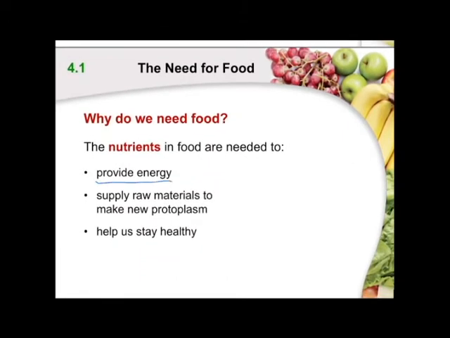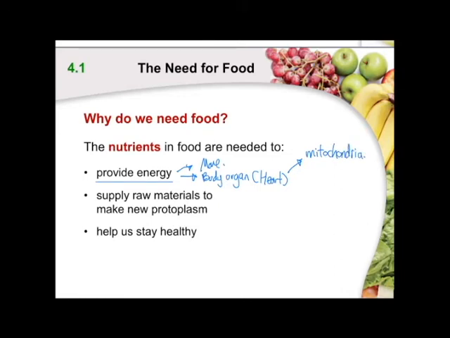The reason why we need food generally is to provide energy. Energy for what kind of process? For humans, we need to move around, so we need energy. Some of your body organs, like the heart, need to be continuously pumping, which also requires energy. If you remember the chapter on cells, the organelle responsible for this is the mitochondria.